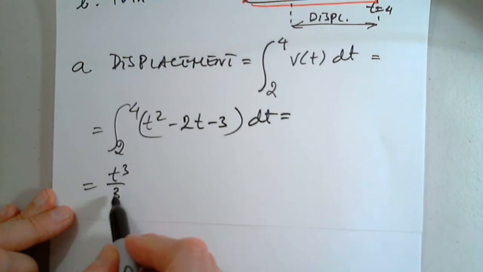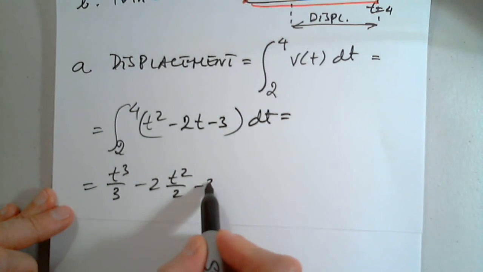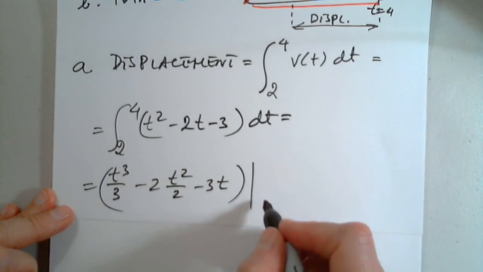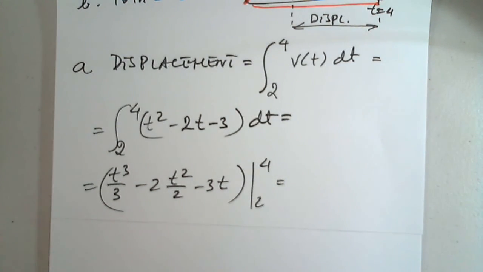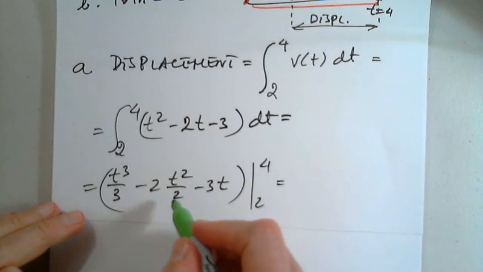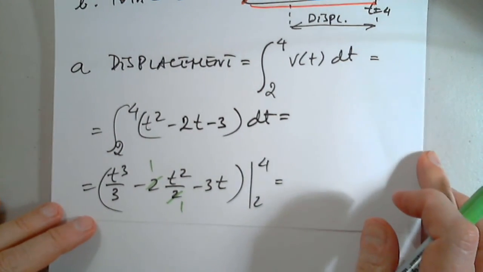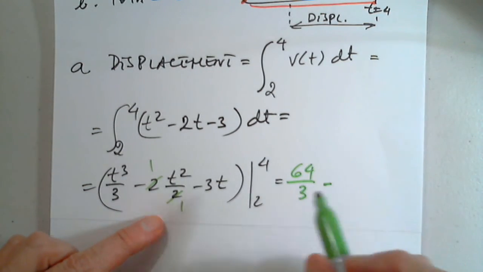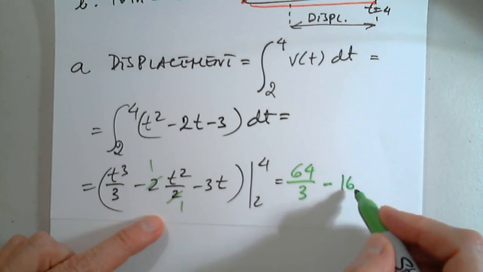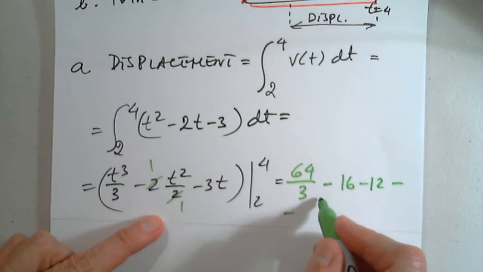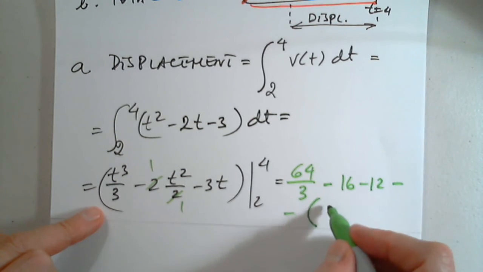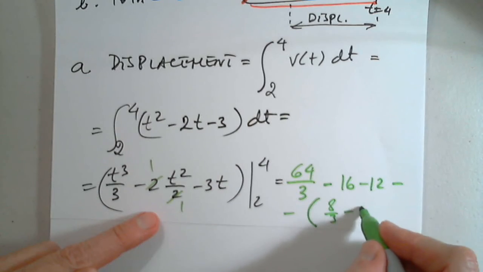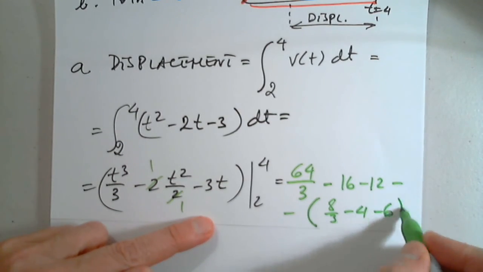It's t to the third over 3 minus 2t squared over 2 minus 3t, from 2 to 4. We can plug it in and just get the answer. But 64 divided by 3 minus 16 minus 12, minus, when I plug in 2, 8/3 minus 4 and minus 6.